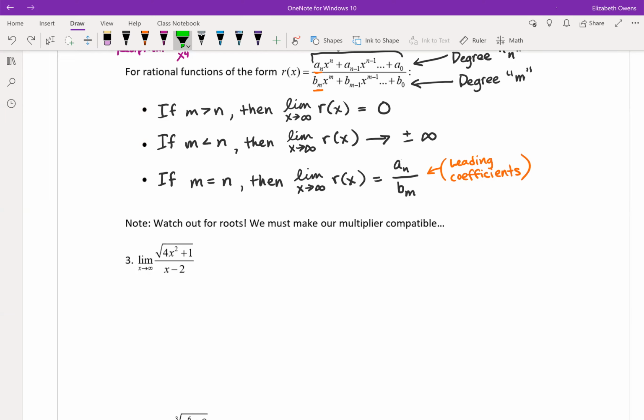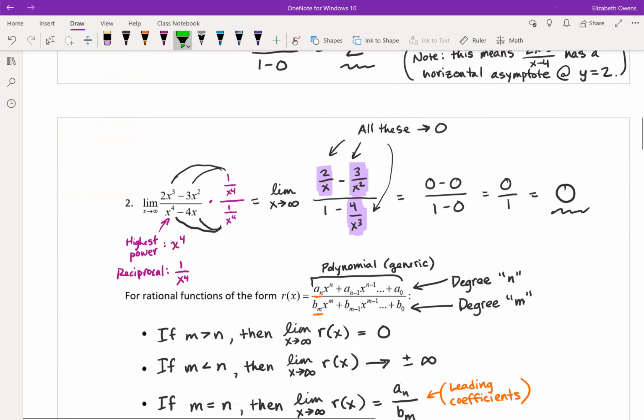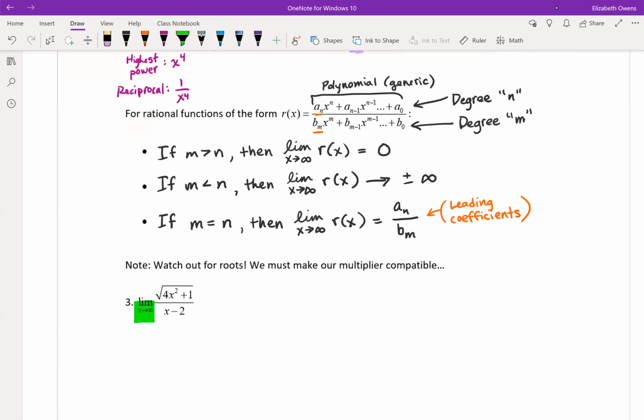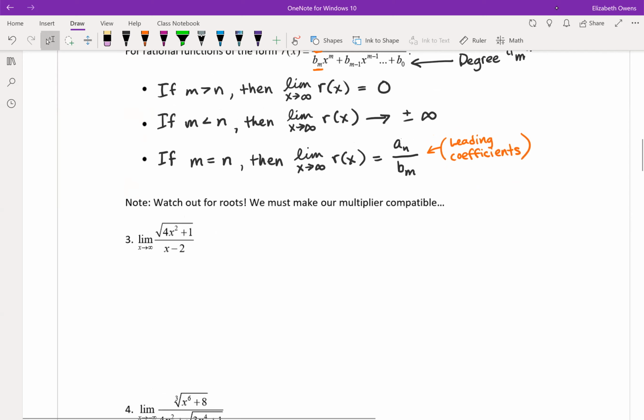And anyway, when we're letting x go to infinity, that's where we really want to use this multiply by the reciprocal trick rather than going straight for a conjugate type of thing. So when you see that infinity there, really try to use the multiplier trick.